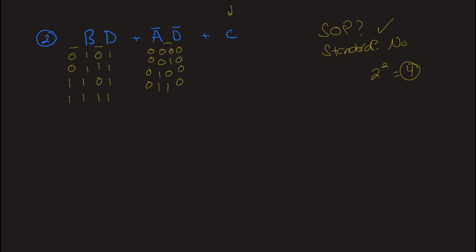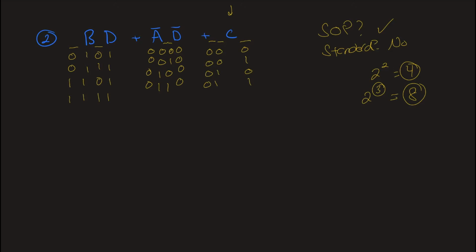Finally, this last one, look how much we're missing. We're missing A, we're missing B, and we're missing D. So if we have 3 that are missing, that's 8 possible combinations that we're missing. So that would be 0, 0, 0, 0, 0, 1, 0, 1, 0, 0, 1, 1.